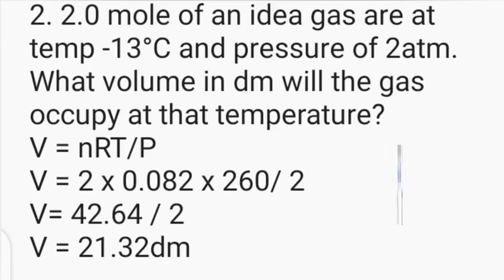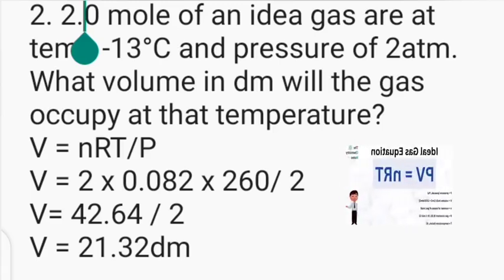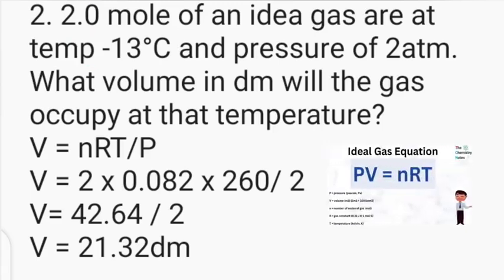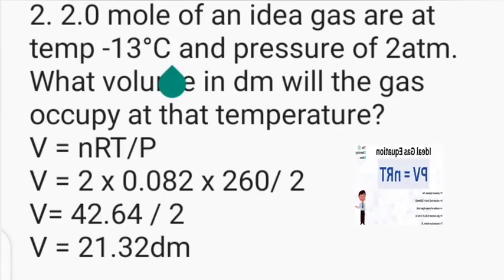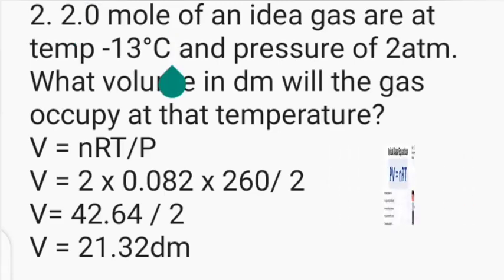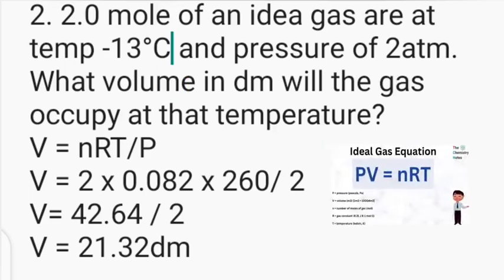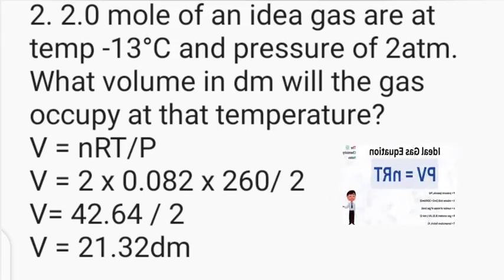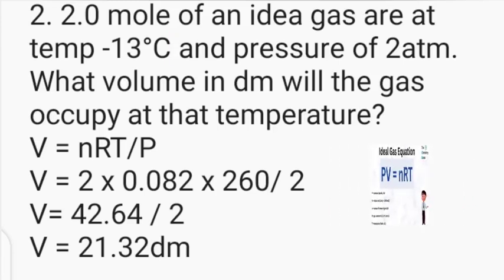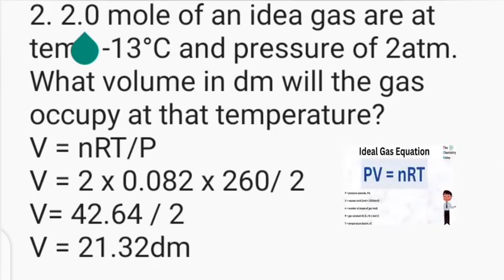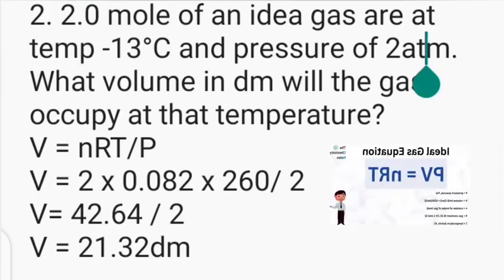From here, the mole n is 2.0. The temperature is minus 13 degrees Celsius, and when you add 273 to it, you get 260. The gas constant is 0.082. Everything is divided by 2, the pressure.